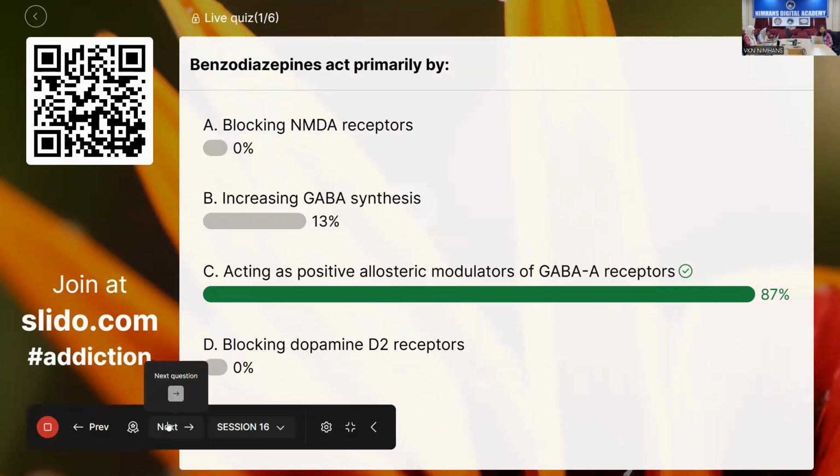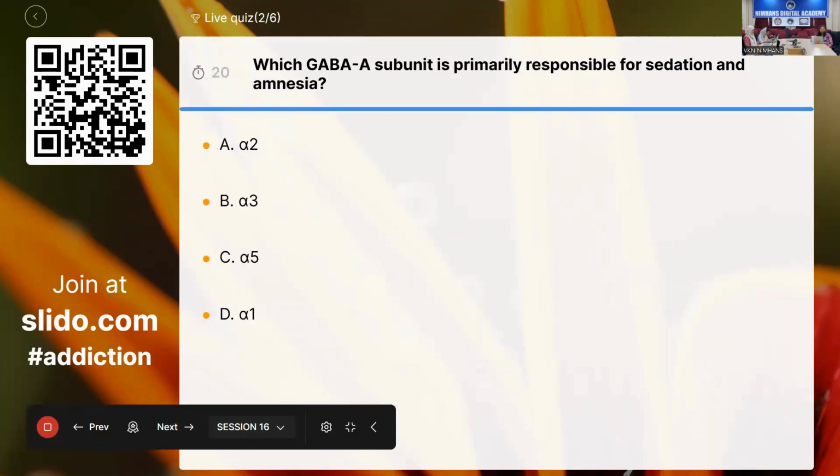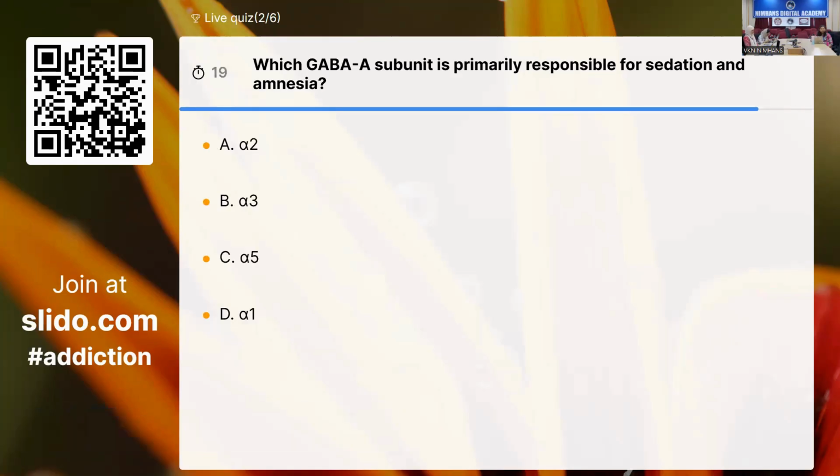Can we have the next question, please? Which GABA A subunit is primarily responsible for sedation and amnesia? I think it was discussed in our didactic as well.